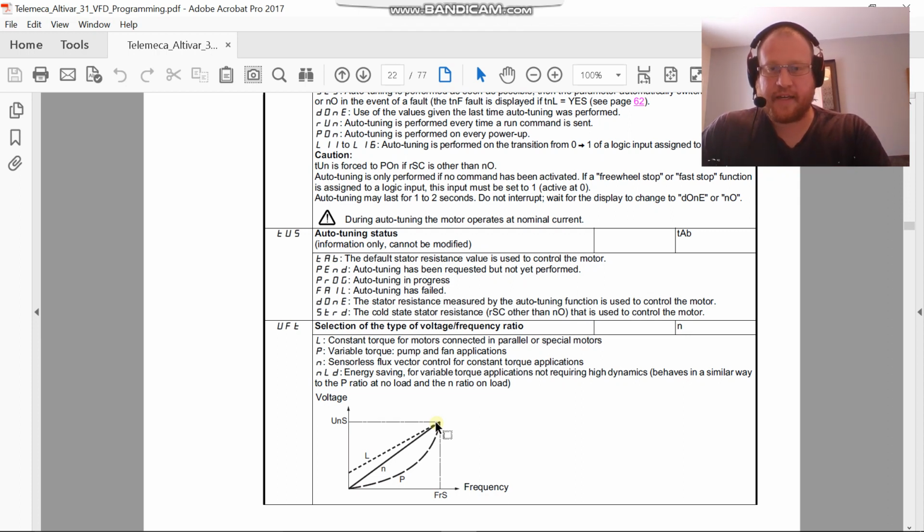If you think about a fan or a pump, really the only load that they experience would be after they've built up, say, static air pressure in a building or water pressure in irrigation lines. So we don't need a whole lot of power or torque to get the water or air flowing, but as we build up pressure, we need more torque in order to continue to build and maintain whatever set point we've determined. L, simply a constant torque for special motors.